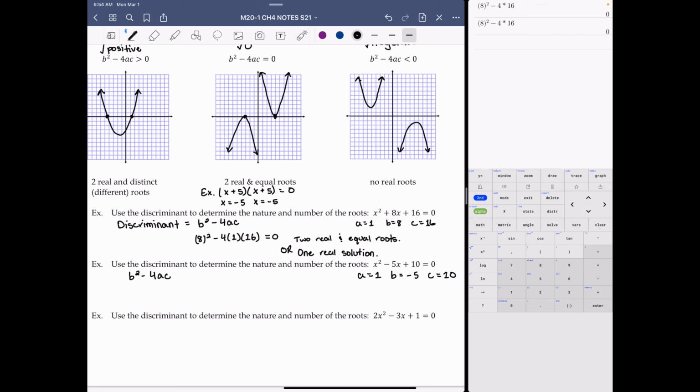Then b squared minus 4ac equals (-5)² minus 4 times 1 times 10, which is negative 15.